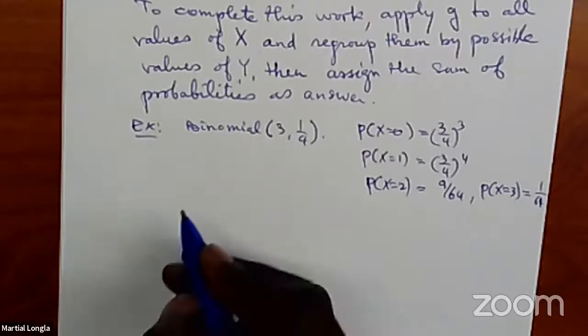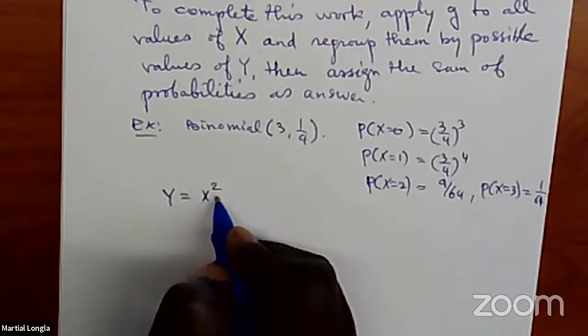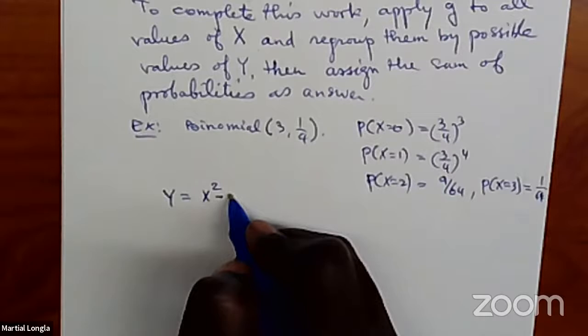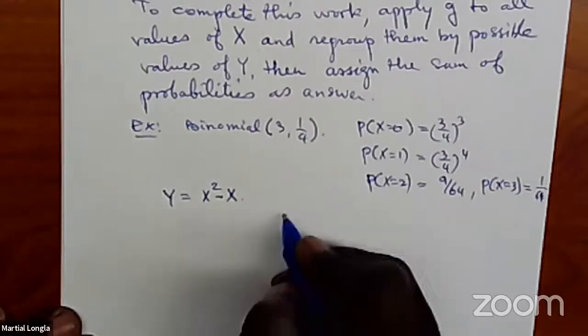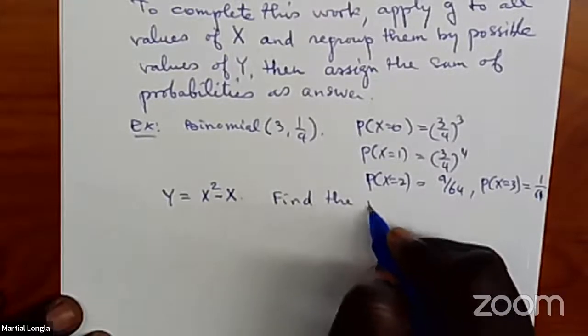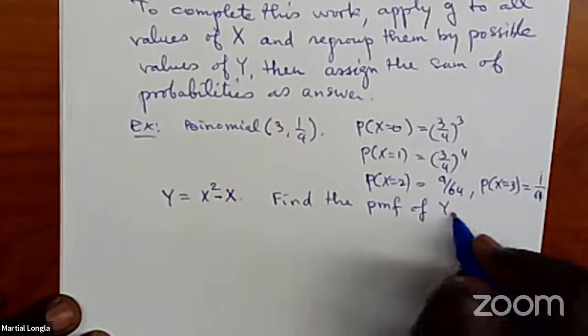I'm going to define y equals x squared minus x. So this is the random variable y, and the question is find the PMF of y.